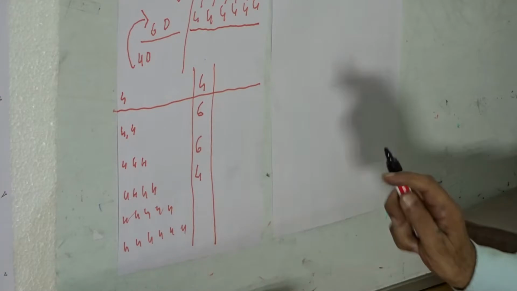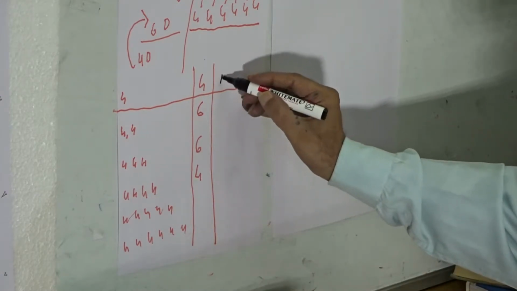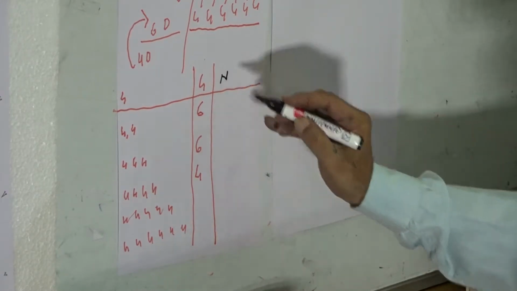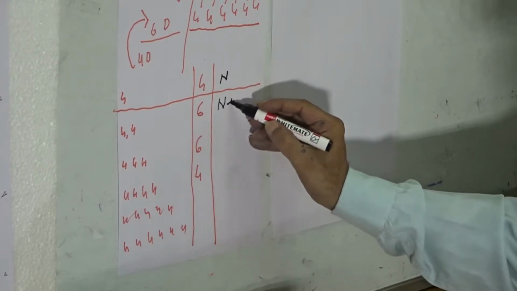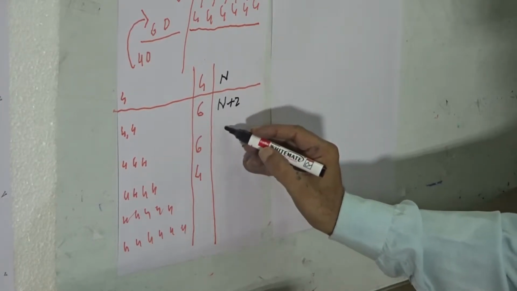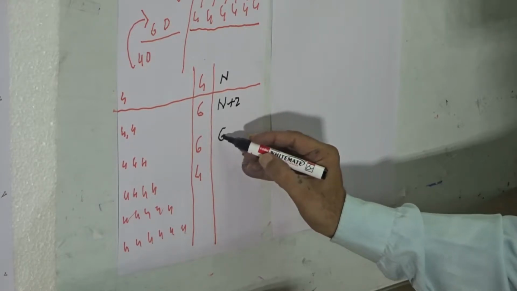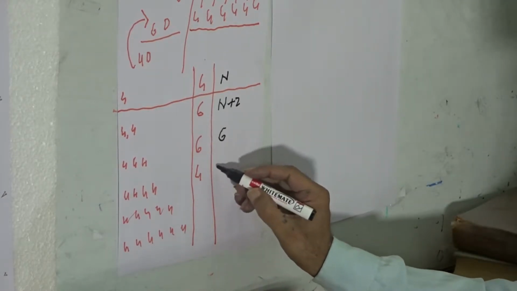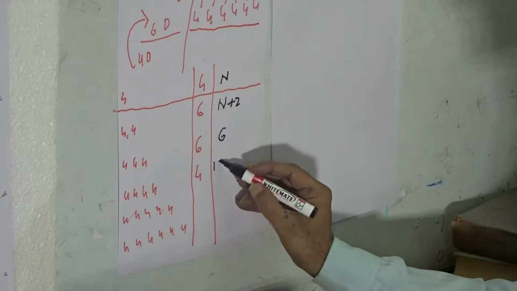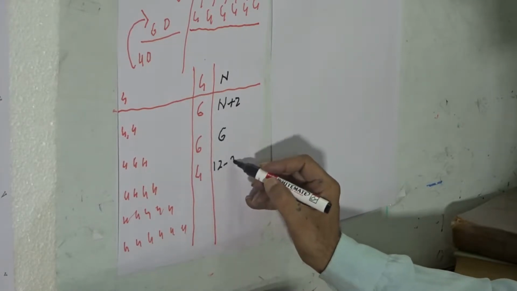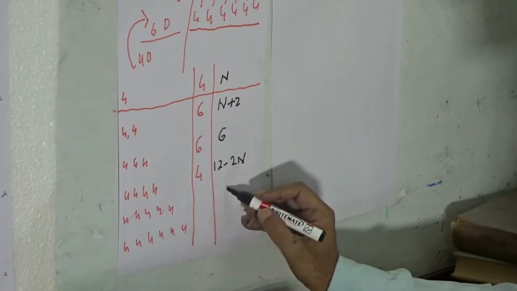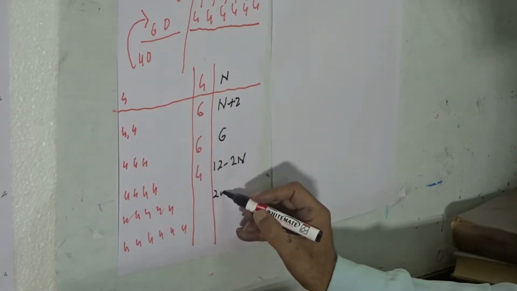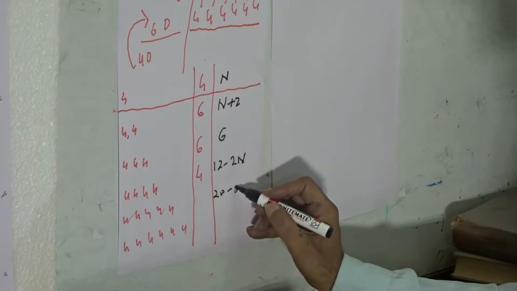The single dimension, say of order n, gives us value n. The pair of dimensions give us value n plus 2. Triple dimensions give us value 6. And then the quadruple dimensions give us value 12 minus 2n. Here 5 dimensions give us value 20 minus 5n.